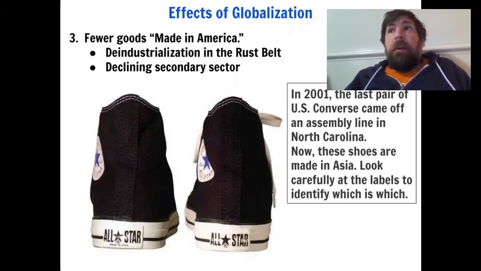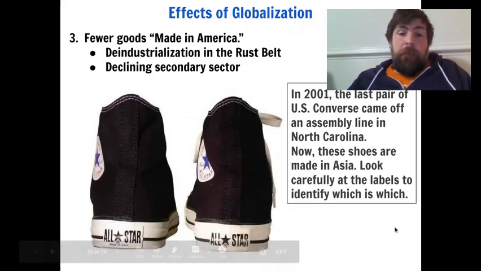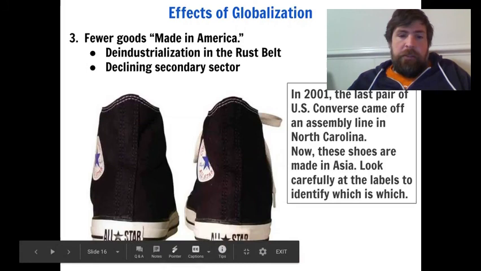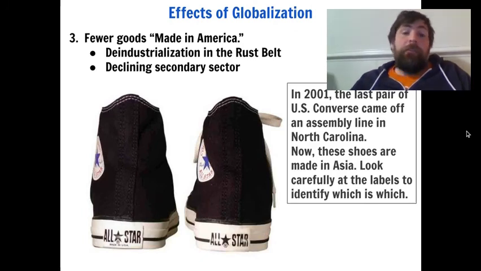The United States has begun to have a more developed tertiary economy, right? So in 2001, that was when the last pair of Converse sneakers was made in North Carolina. And now these shoes are made exclusively outside the United States, mostly in Asia. And if you look at the sneakers, you can see the difference if you look at the label.